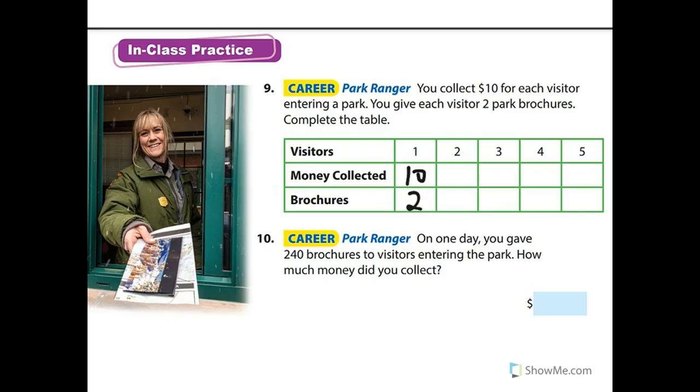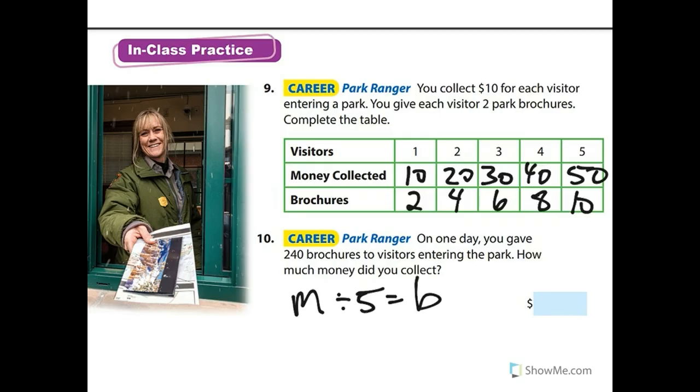Brochures, 2. $20, 4 brochures. $30, 6 brochures. $40, 8 brochures. $50, I'm sorry, 50, not 100, and 10 brochures. What's happening there? Yeah, if you take the money collected and divide it by 5, you're going to get the brochures.